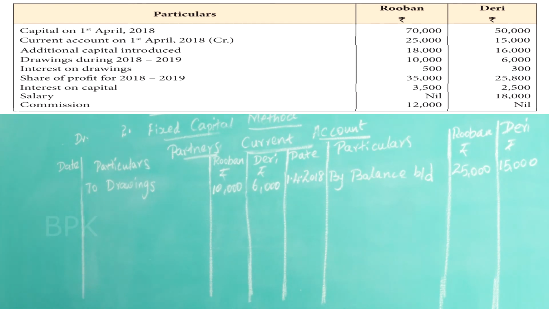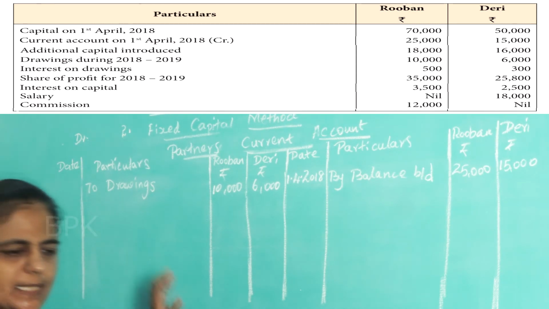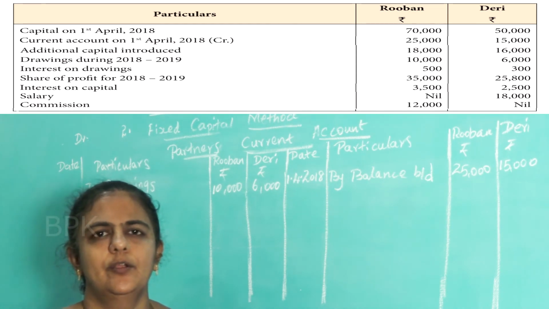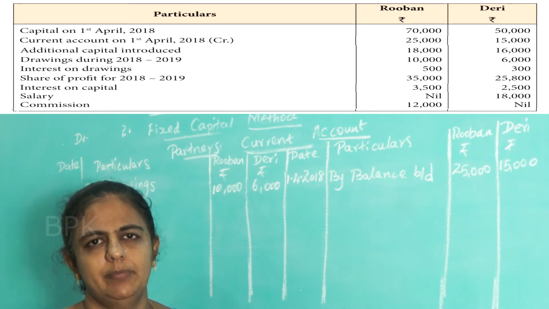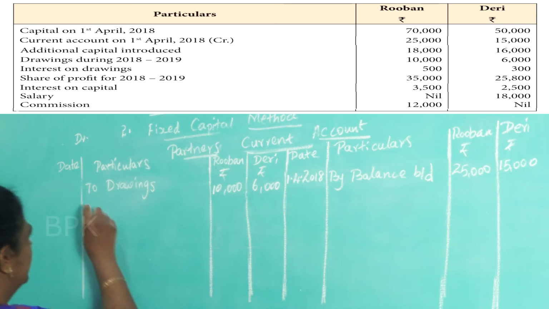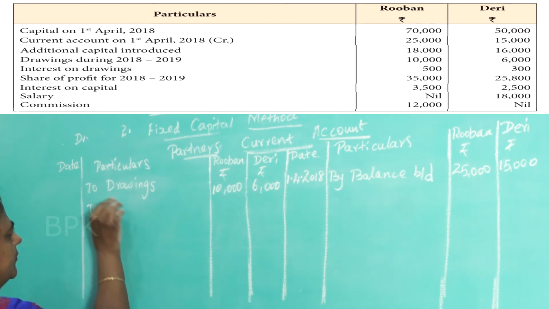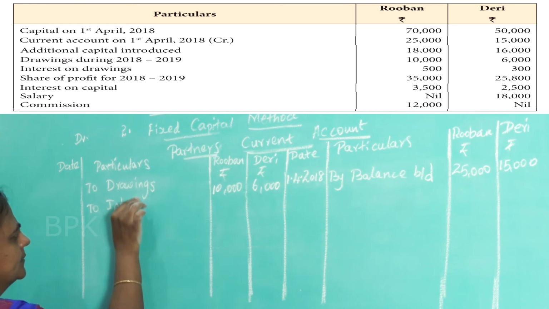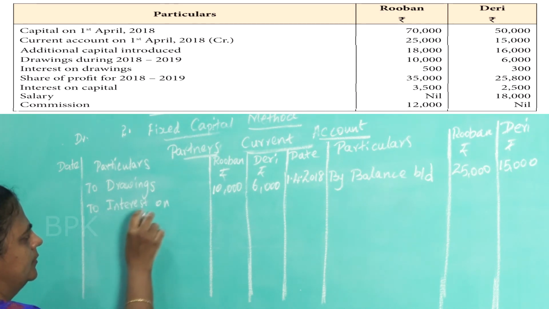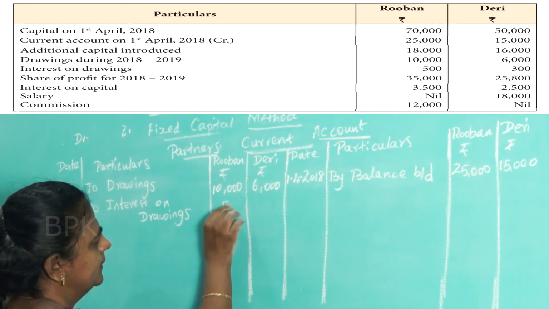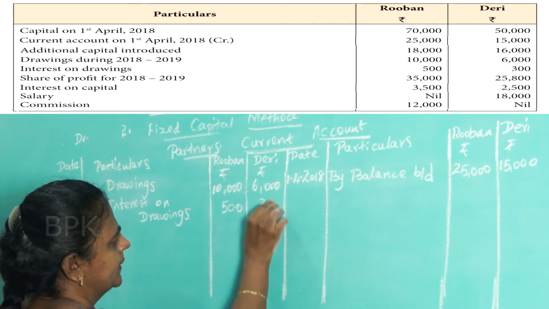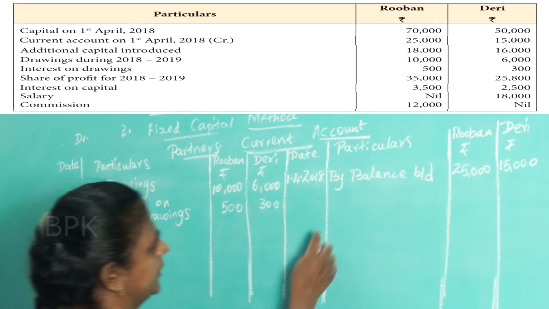Okay. After drawings, what is there? Interest on drawings. On the debit side, we will always have two items. One is drawings and the other one is interest on drawings. It is very easy to keep in mind. Okay. So write to interest on drawings. How much is that? 500, 300.